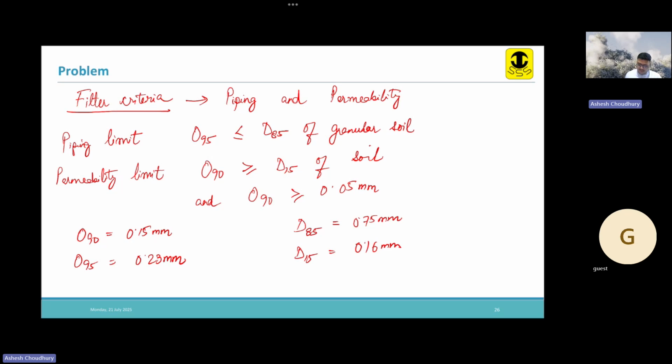But this criterion is not getting satisfied: O90 is not greater than D15. See, O90 is 0.15, but D15 is 0.6, so this criterion is not satisfied. So we cannot use it as a filter.